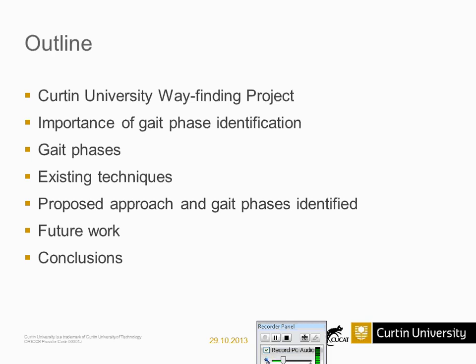There are several gait phases in the gait cycle, and then the existing techniques to identify gait phases in real-time and non-real-time applications, and then the proposed approach, and the gait phases that we could identify in that waveform, and the future work, and finally the conclusion of this presentation.